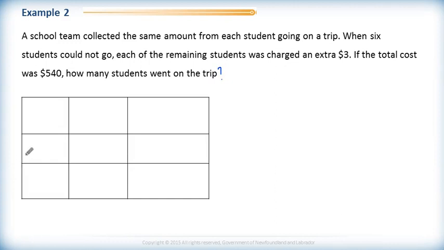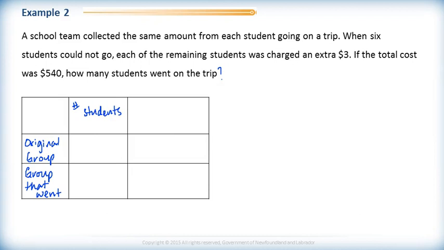So we have two groups of students to consider. There was the original group. Put that in this chart, and the group that actually went. Now, in the original group and the group that actually went, there were different numbers of students.